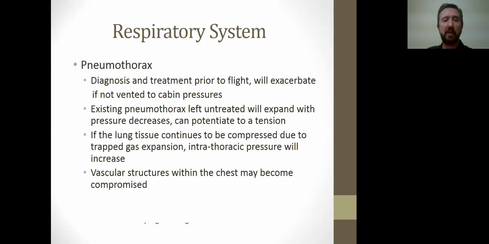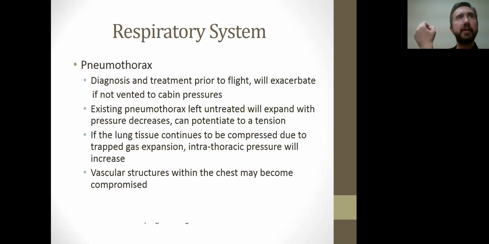We'll specifically see this in the respiratory system with the hollow organs. If we suspect a patient to have a simple pneumo, we want to evaluate that pneumo, what percent it is, and if it's greater than 15 to 20%, we want to make sure that we have at least put in a chest tube prior to departure. That is a skill set that we're able to perform, and you will be trained on that skill.